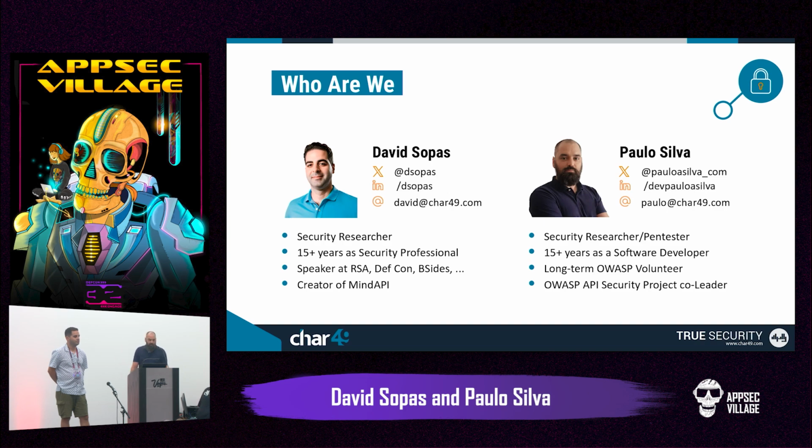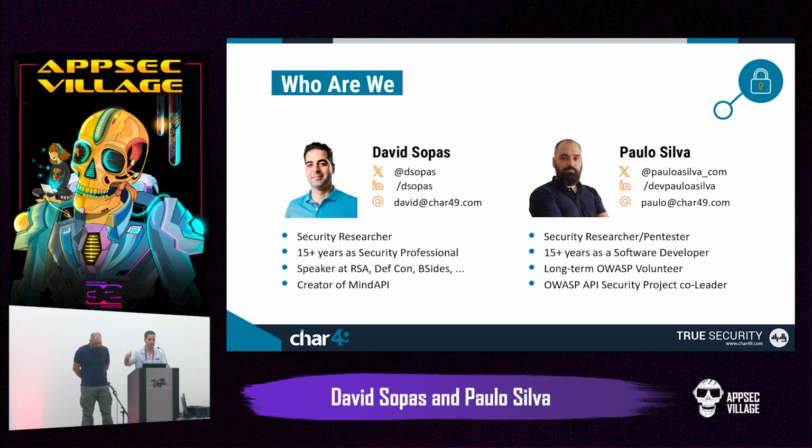With us, we have David. Yeah, so my name is David Sopas. I've been a security researcher for a long time, more than 15 years. I especially like research and also focus on high-level pen testing. I've already spoken at events like RSA and DEF CON.